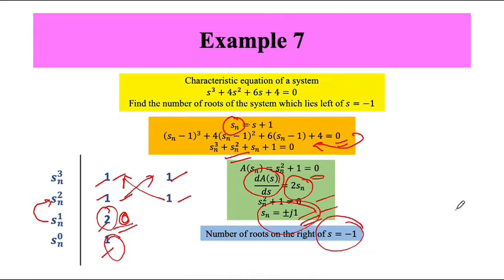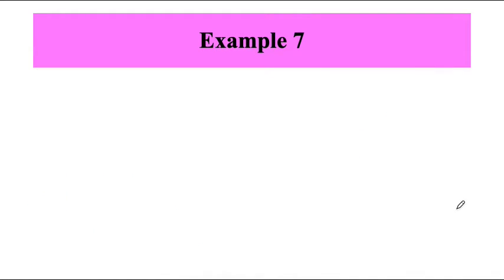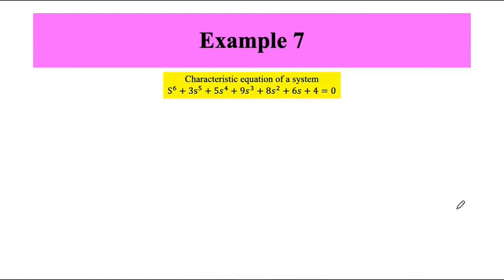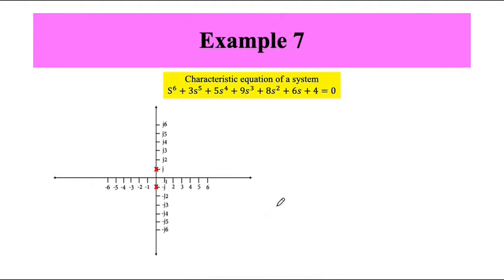Okay, so if we plot it, now if we see the entire picture in the S plane, here we are just assuming that this is the S plane. This is our original sigma, this is omega.